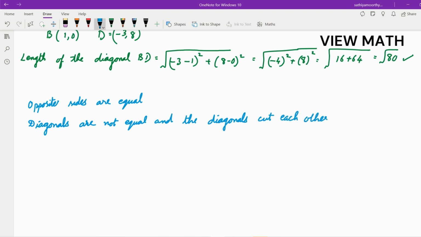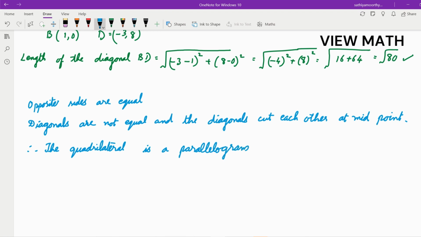We have seen that the midpoint is the same, it is minus 1 comma 4, so they cut each other at the midpoint. Therefore the quadrilateral is a parallelogram. So we have found out it is a parallelogram.